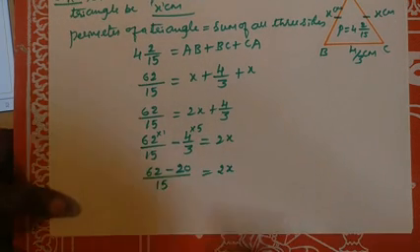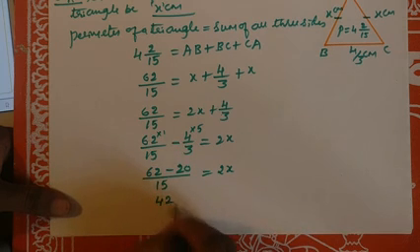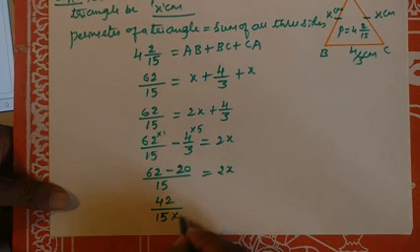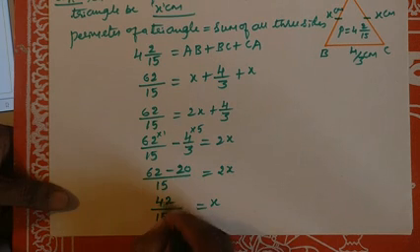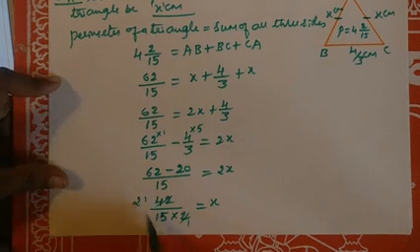Next, 62 minus 20 is equal to 42 divided by 15. Here the 2 is there, take it in the denominator, is equal to x. Cancel: 2 ones are 2, 2 twos are 4. What came here? 21 by 15.